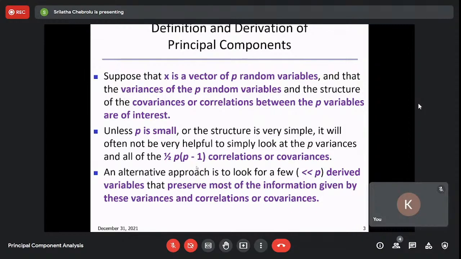Okay, so let us say there are 1/2 p into p minus 1 correlations, right? To find the variances, for the first variable to the next variable, you have to obtain some covariance. And for the first variable to all the p minus 1 variables, you have to obtain the covariance.